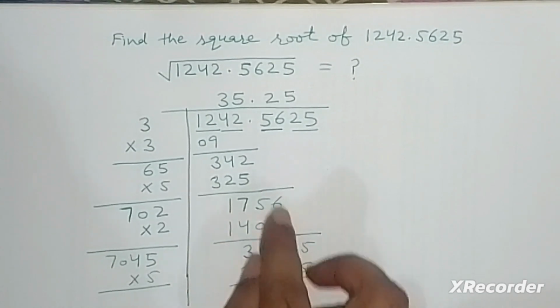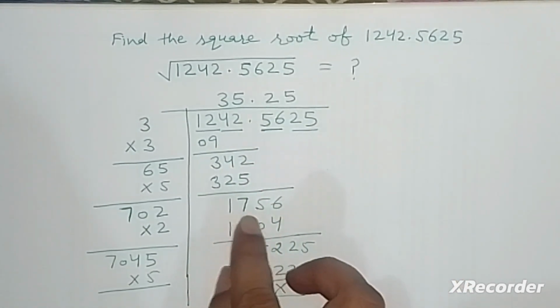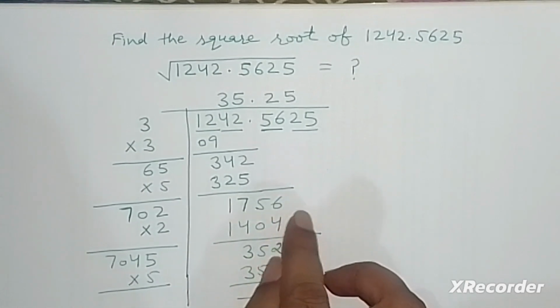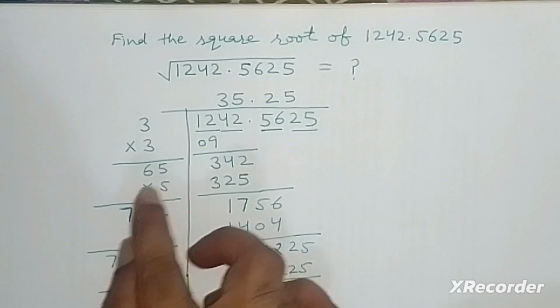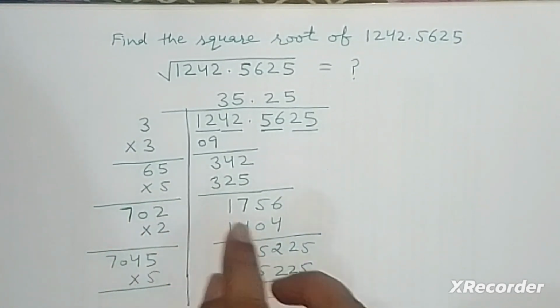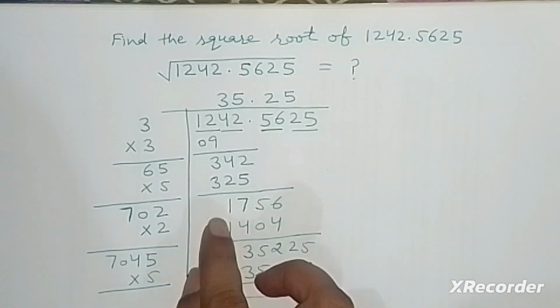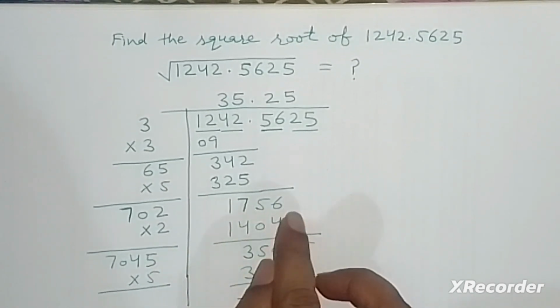Now we take the next pair 56, and the value becomes 1756. Now add 65 and 5, we get 70. Now we have to put the value which should be placed below 1756.